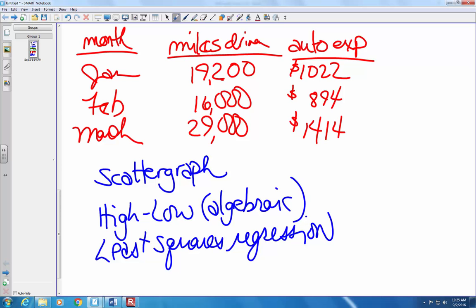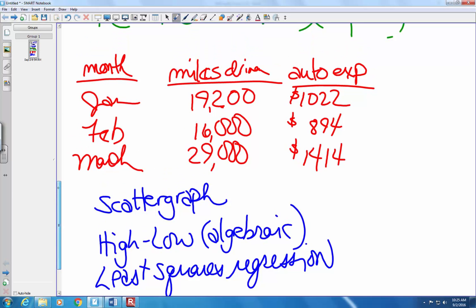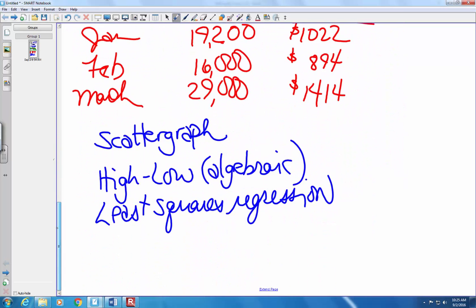So scatter graph, honestly, is just plotting that data on graph paper and drawing a line through it and saying this is the approximation of what my cost line looks like.